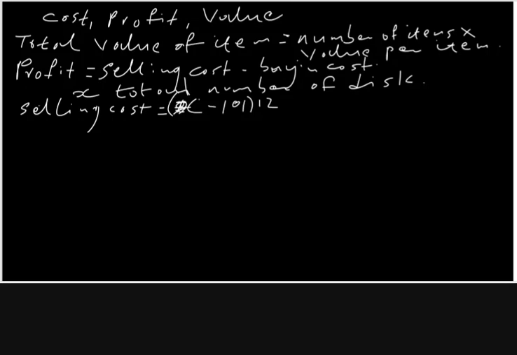Then what is the buying cost? The buying cost is equal to the number of items bought times the value per item. He bought X items, total number of X, times 6.5.